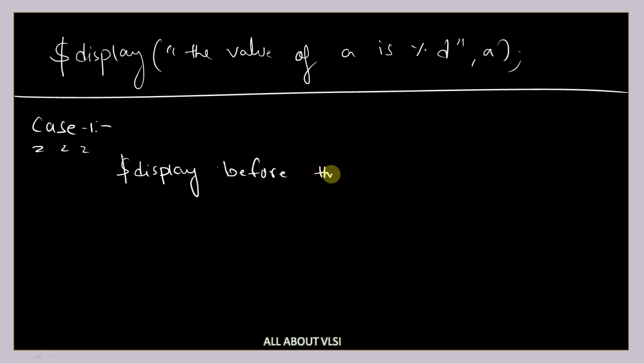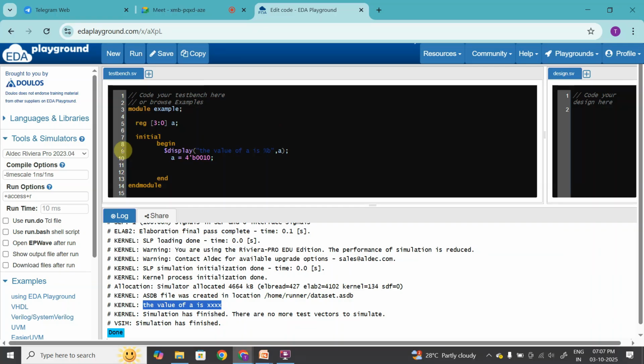In this case, the value of a we get is 4'bxxxx. Why are we getting this? Because $display is used before the assignment.